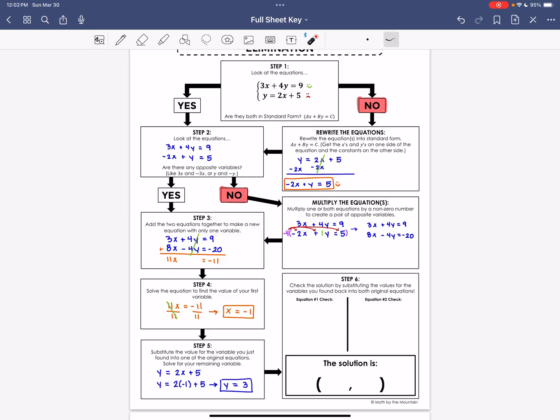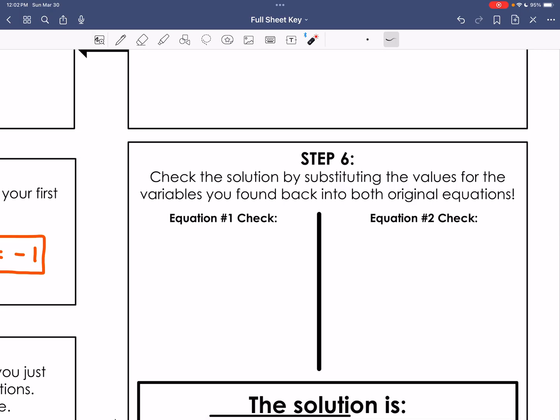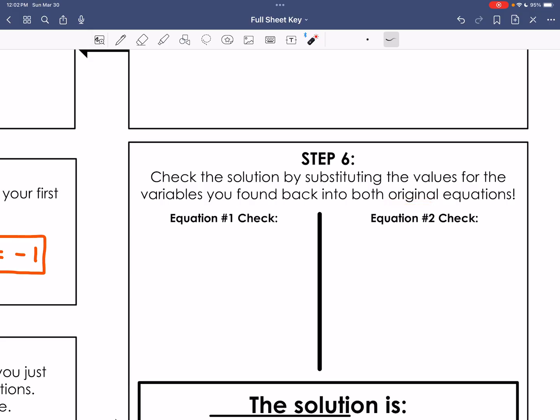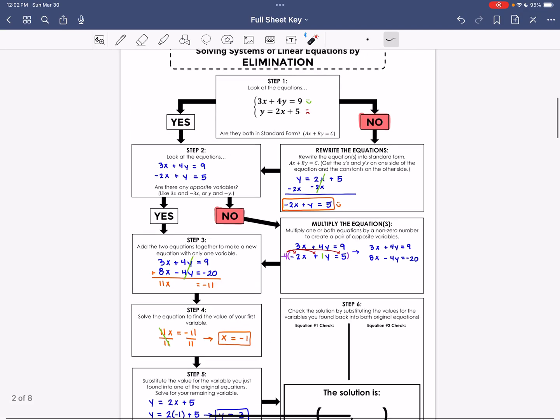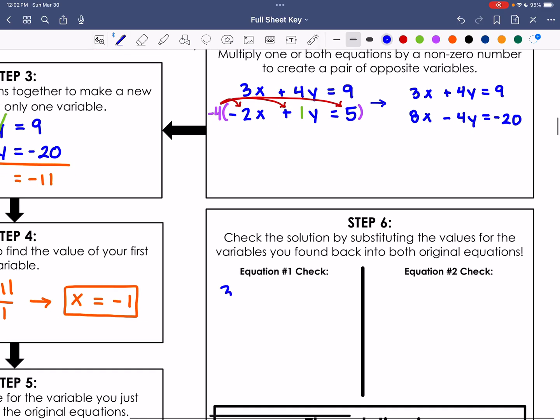but we are going to check our work to be confident. So step 6 says, check our solutions by substituting the values for the variables we found back into both original equations. So go ahead and copy down both of the originals. So our first one is 3x plus 4y equals 9.